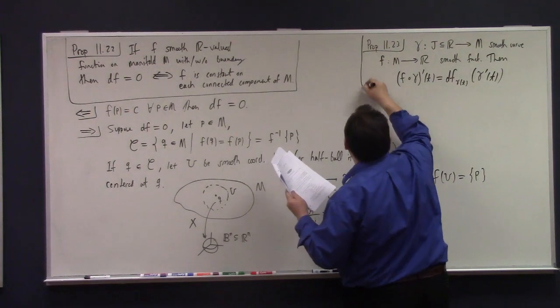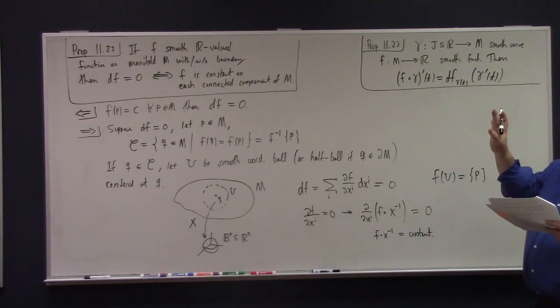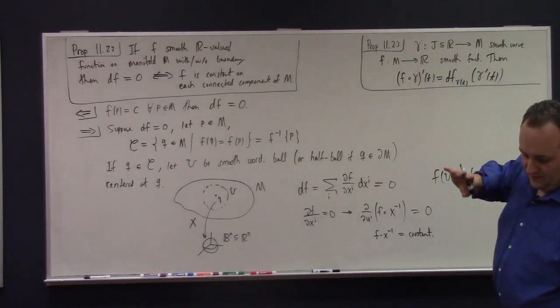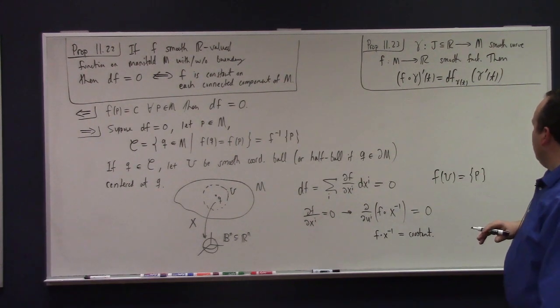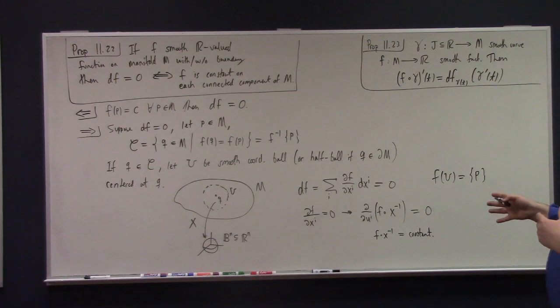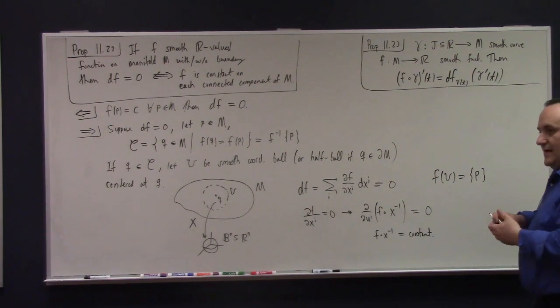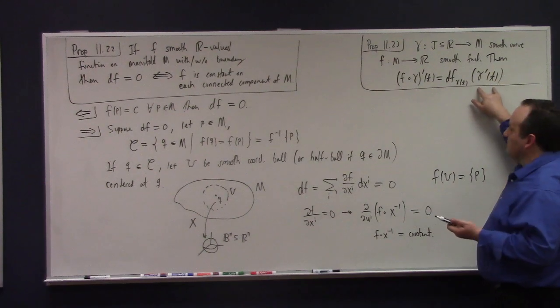And I feel like I may have even done this before. I feel like we may have come across this formula before in our discussion of the equivalent viewpoints of the tangent space. I think this is essentially how I defined, is this not how I defined the differential acting on the equivalence class of curves?